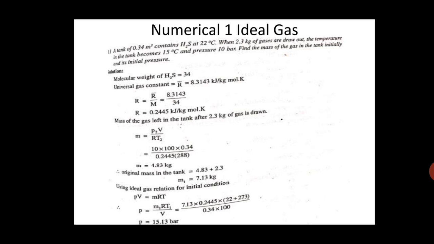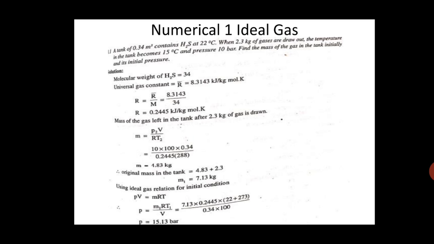So substituting values, P is told as 10 bar. 10 bar means 10 into 100, that becomes kilopascals, into V, volume is 0.34 meter cube as given, divided by R, which is 0.2445, we have calculated just now, and temperature T2 is 15 degrees centigrade. So 15 plus 273, that is 288 Kelvin. We have to be very careful in this ideal gas equation.